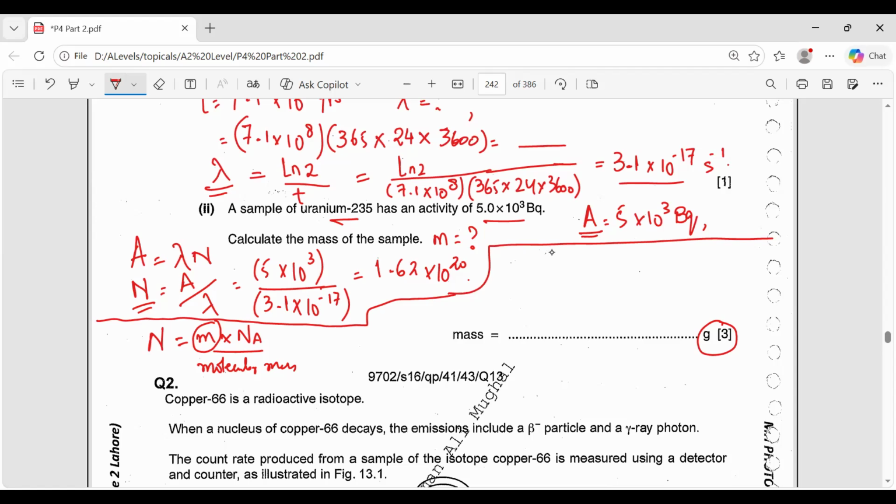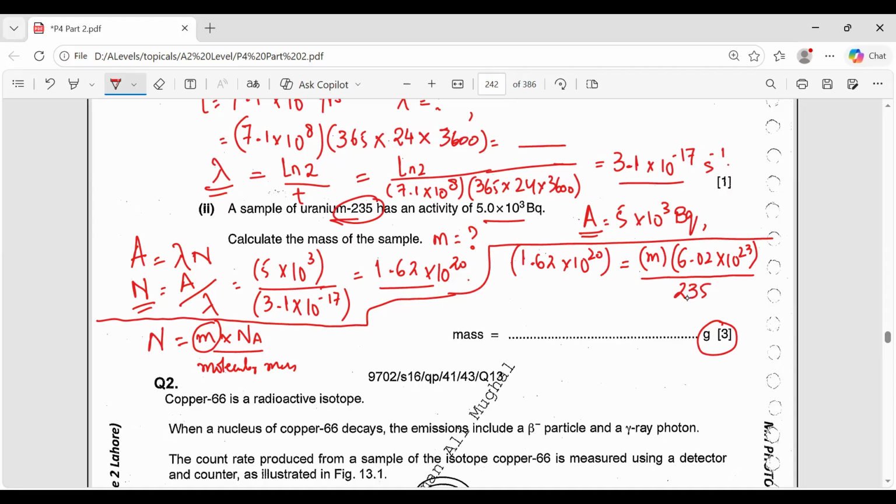Capital N value is 1.62 into 10 power 20, and this will be equal to mass, which is to be found, multiplied by the Avogadro constant, 6.02 into 10 power 23, whole divided by molecular mass. Because we are talking about uranium, it will be 235.